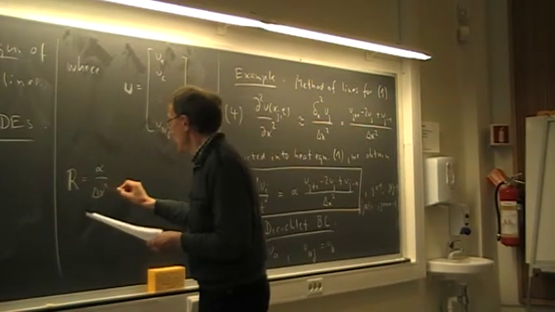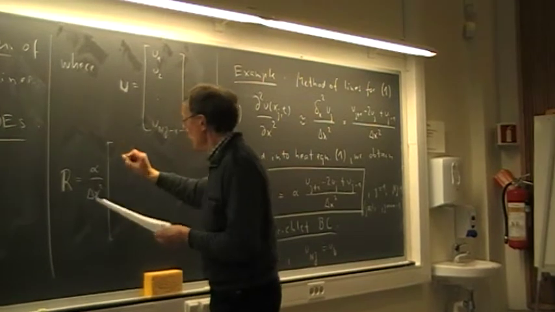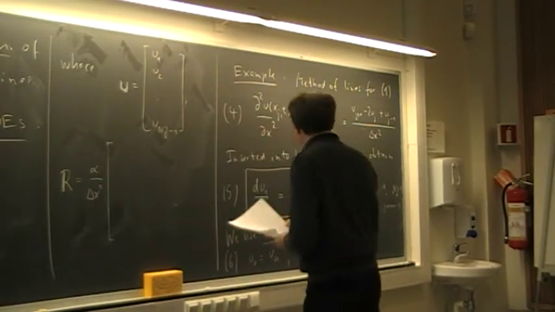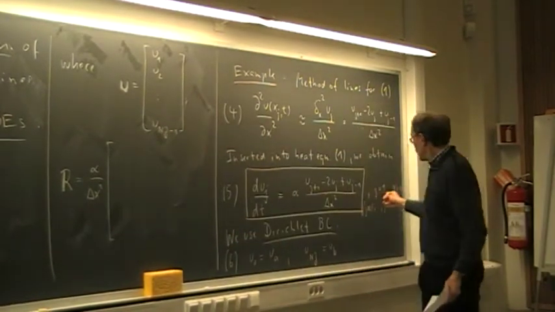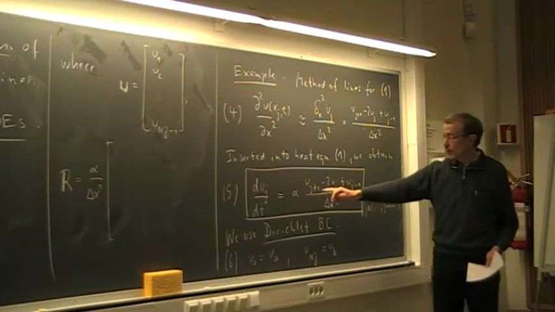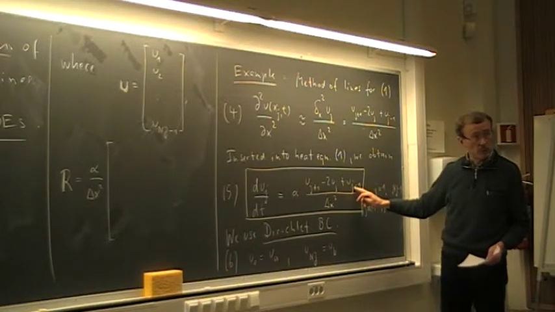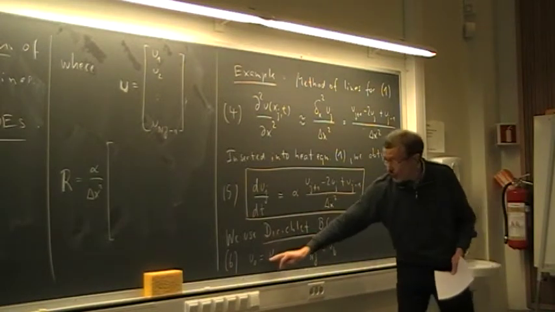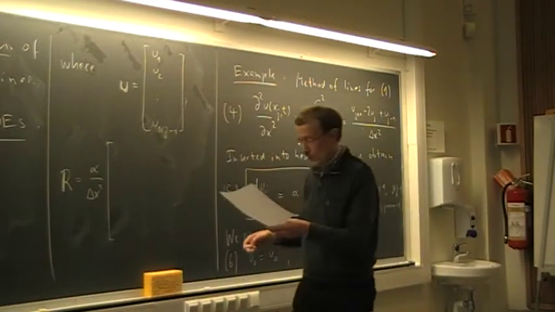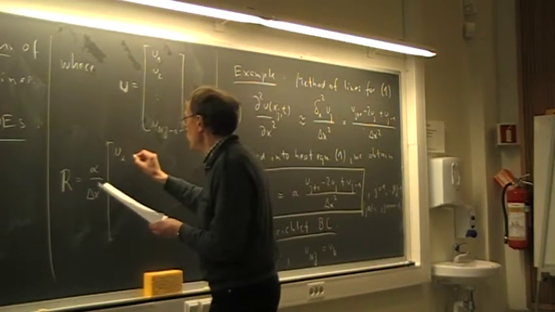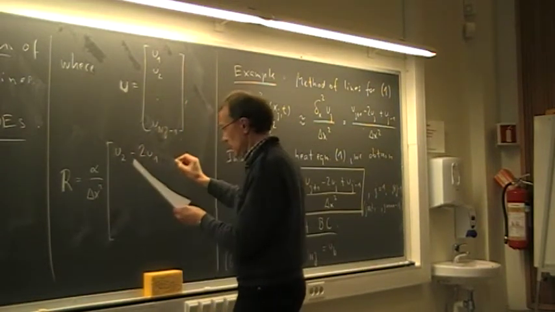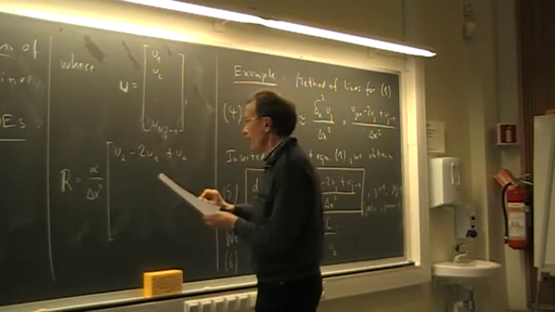That is the same for all. And then we get a vector. For j equal to 1, we get u2 minus 2u1 plus u0. And for u0, we use the boundary condition.